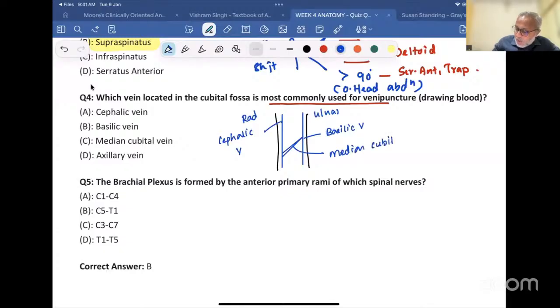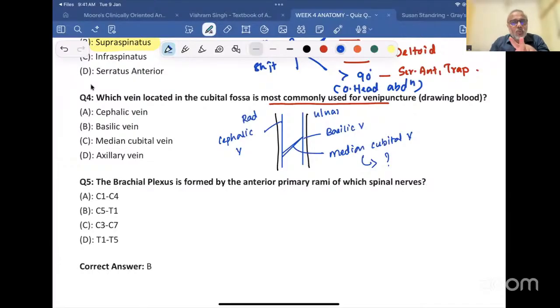Now, why do we use median cubital vein commonly for venipuncture or drawing the venous blood? Remember, two reasons. One is the median cubital vein is connected with the deep veins by perforators. Second, the median cubital vein is well supported by bicipital aponeurosis. So because of easy access, it does not slip during venesection.